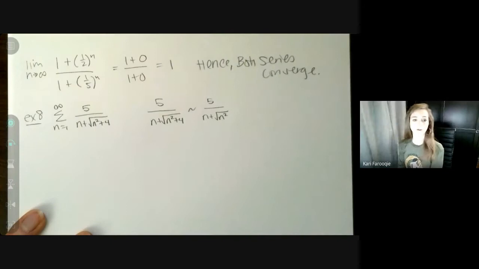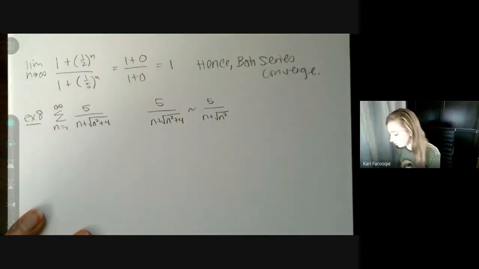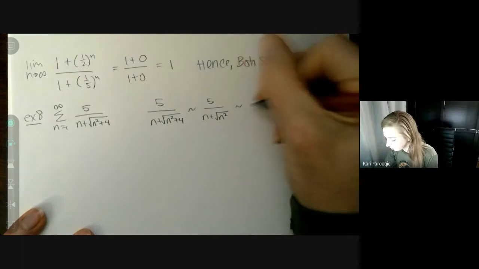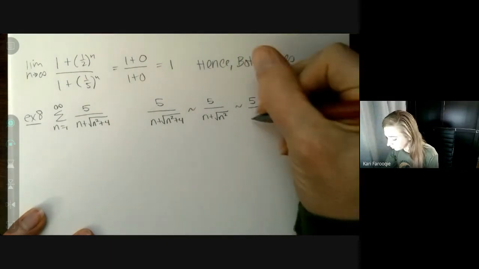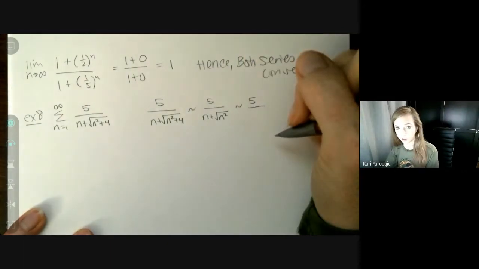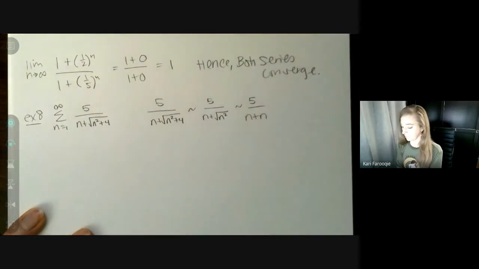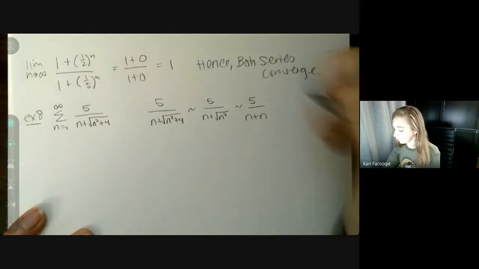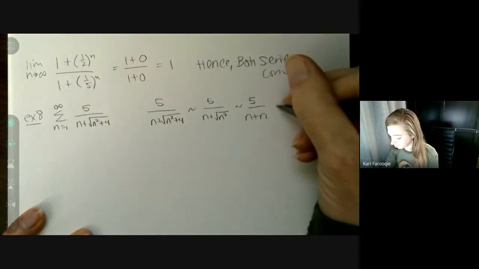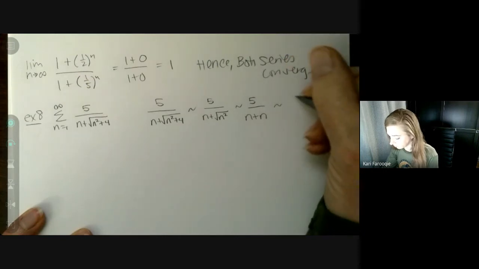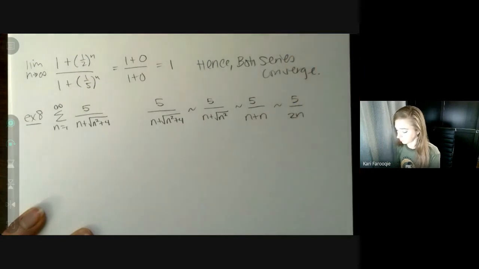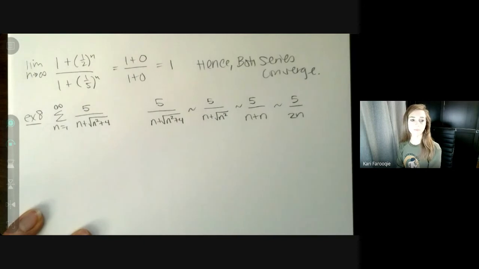If you take off the 4, you're just left with n plus the square root of n squared in the denominator. But remember that the square root of n squared is just going to be n to the first power. And then be careful here because this is not n squared, it's just 2n, because you're adding and not multiplying.